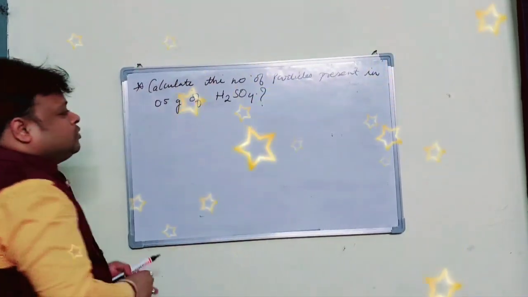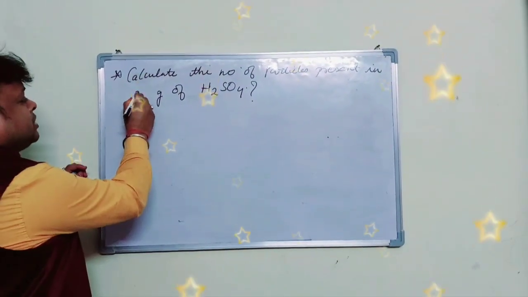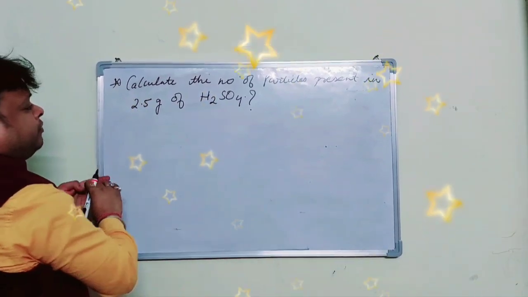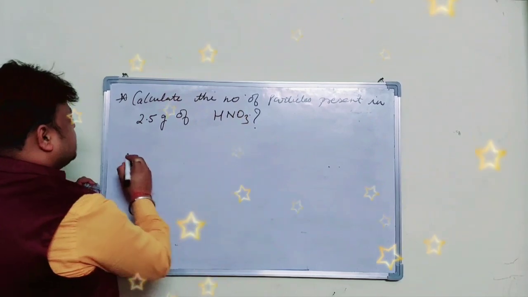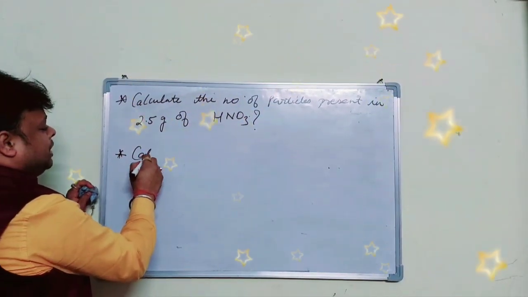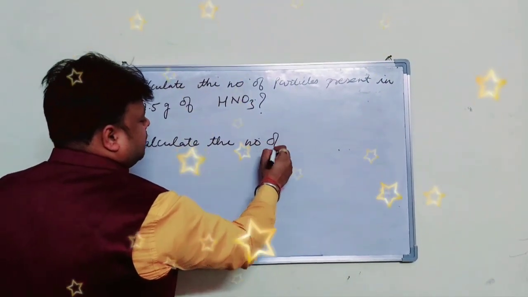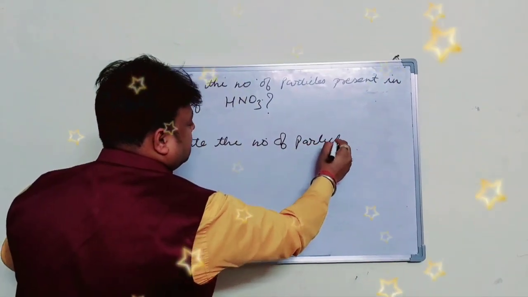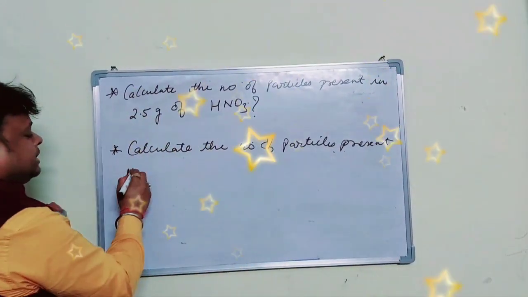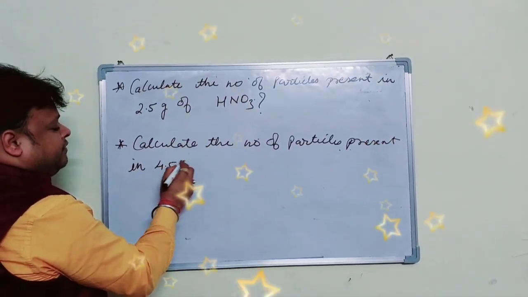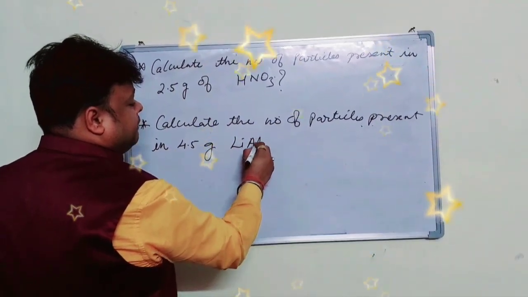Okay, so I am giving you, just changing the reading, it is 0.5. So the first question is 2.5 gram of HNO3. The second question is calculate the number of particles present in 4.5 gram of LiAlF3.